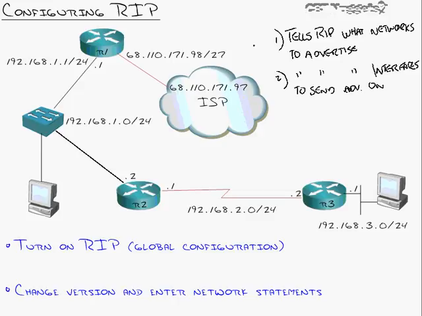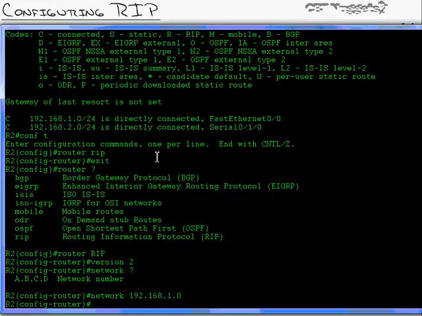So first off, this one's the easiest one to understand. It tells RIP to advertise this network. So when RIP starts speaking to its buddies over here in router 3, it's going to say, hey, router 3, I know about 192.168.1.0. And router 3 is going to go, great, I didn't know about that network. So that, I just typed in router 2, advertise that network.